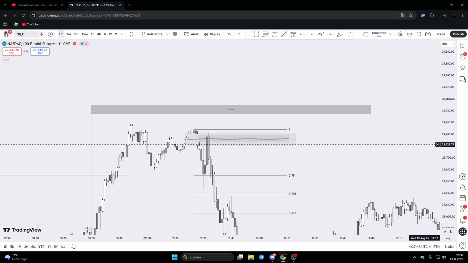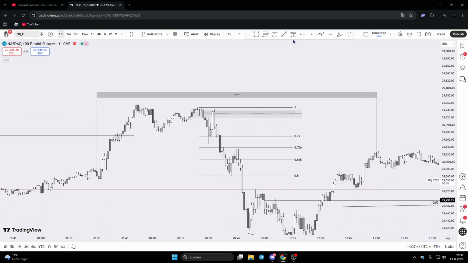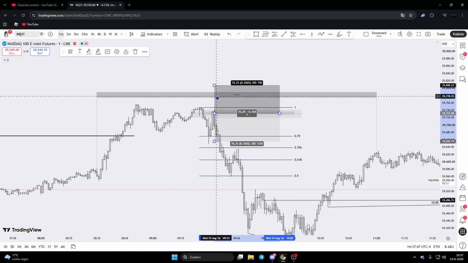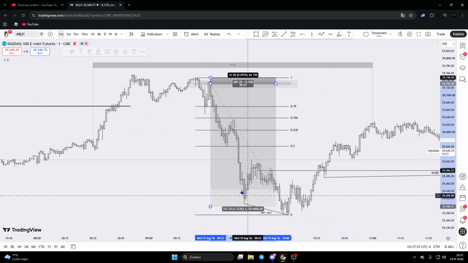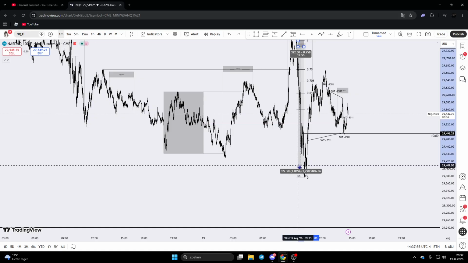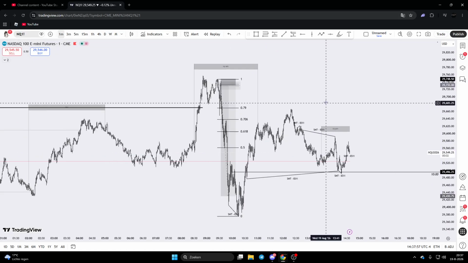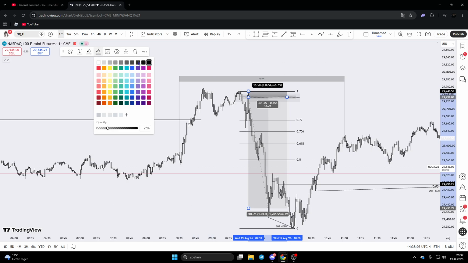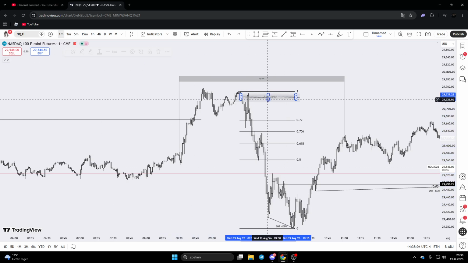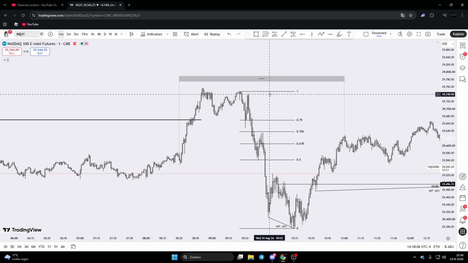Nice 2 PD arrays. Originally I would have probably taken this, but I found it a bit too risky, as I said. And then you could have caught the whole move down to these lows. 18 RR. I'm sad that I didn't catch it, but it happens. I just wanted to play it a little more safe.